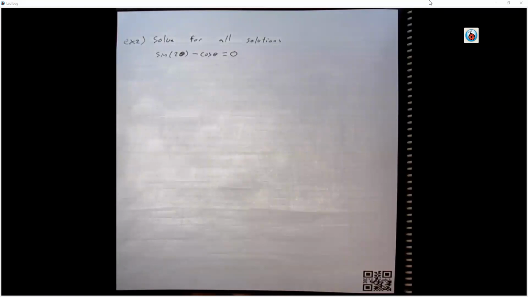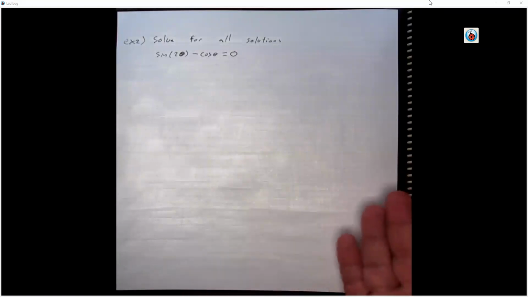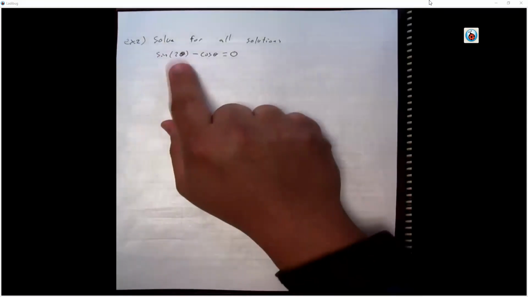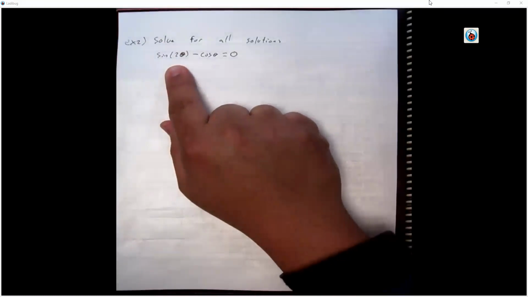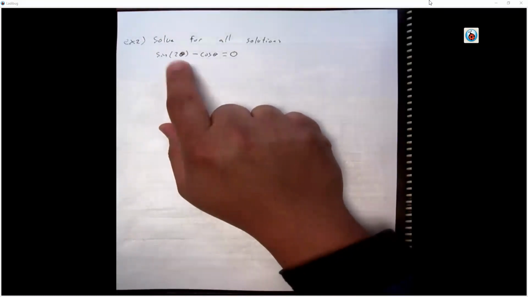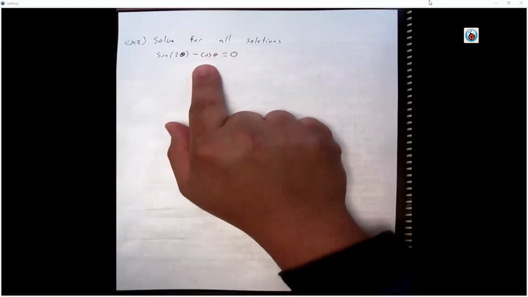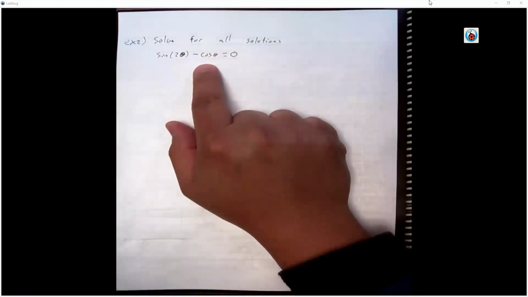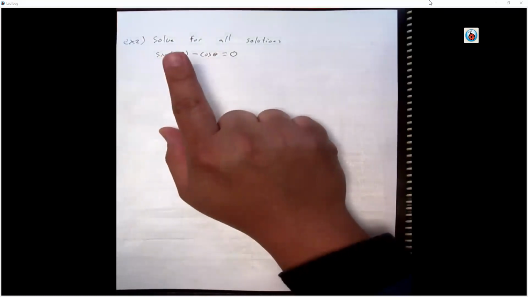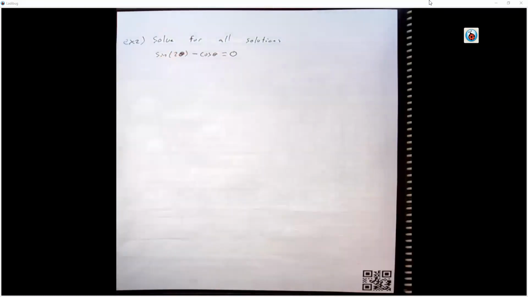So there's nothing to factor. What would you do for your sine? That's the only thing we have to work with, right? If this was squared, you could maybe do Pythagorean, but it's not. So I'm hoping you see that 2 theta and it gives you a hint.